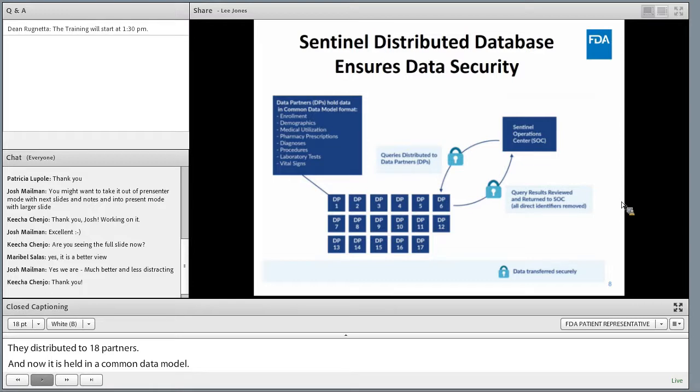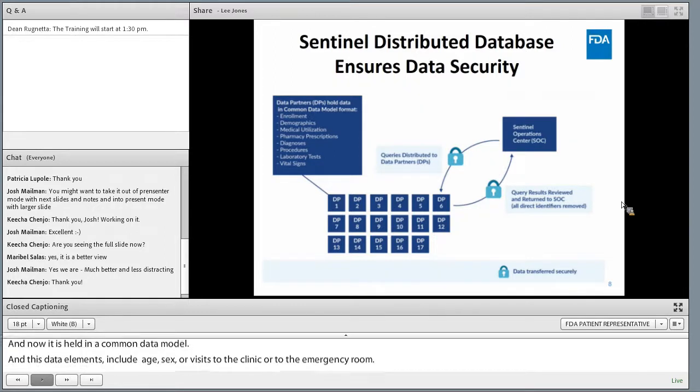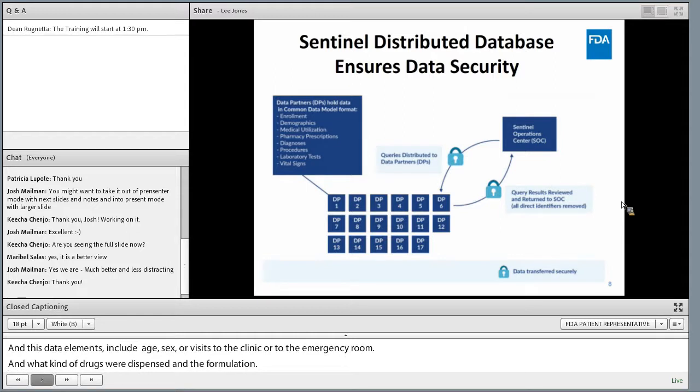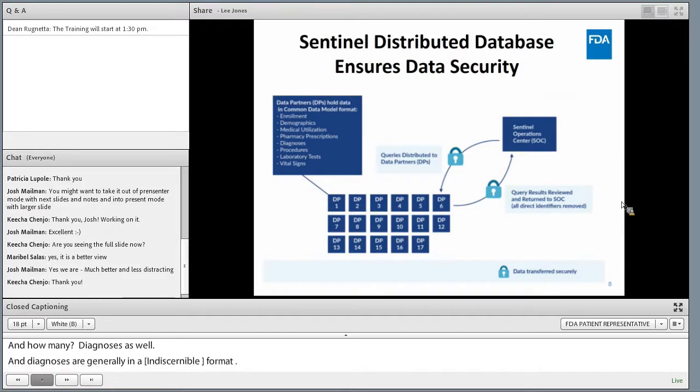Diagnoses as well, and diagnoses are generally kept in code format for billing purposes. That's how we obtain information about different patients' medical issues. Procedures, lab tests and vital signs are all captured in the common data model.